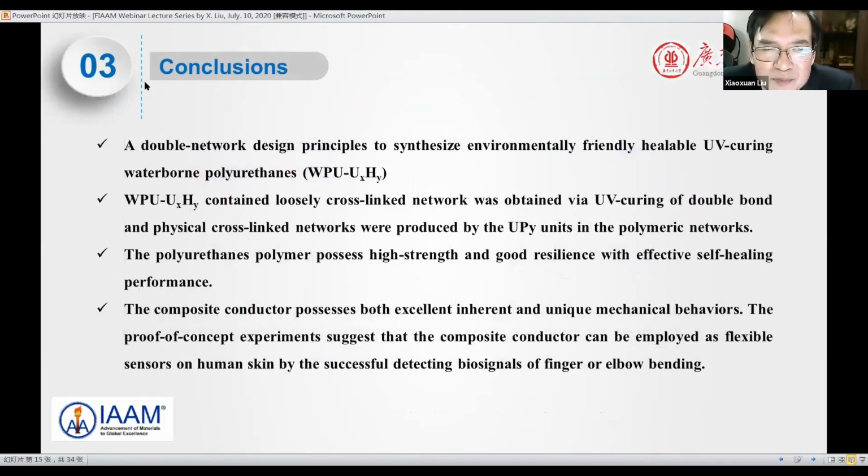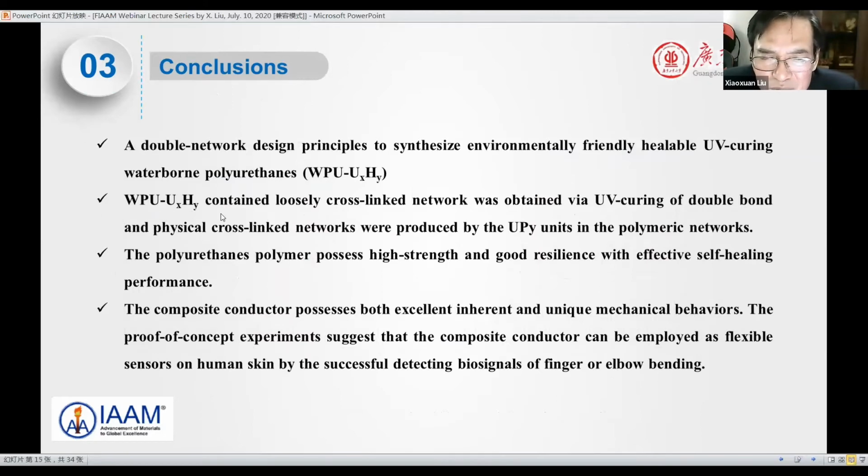So this is part one. It is the conclusion of part one. The double network design principle for synthesizing environmentally friendly chemicals uses curing waterborne polyurethanes.